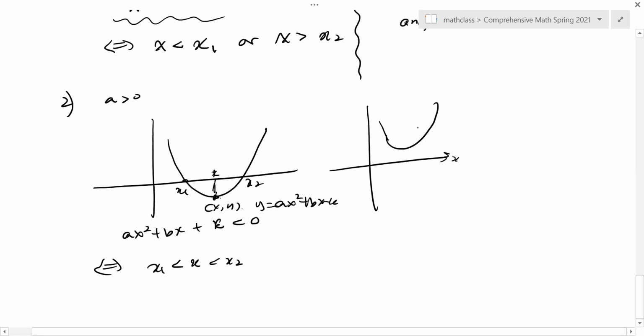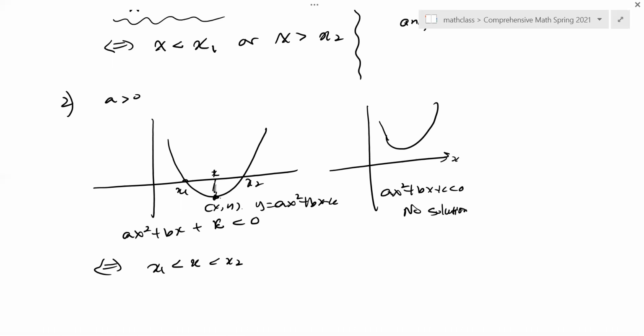So it's always positive. So if you want to solve this inequality, no solution, okay? Because for any x, the function is positive. Okay, so there's no solution, in this case.